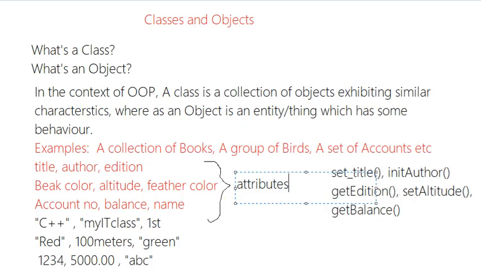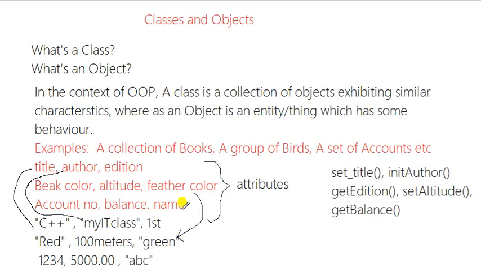Now what is the title here? The title for some book is say C++. This is the title, and this C++ is the attribute value; my IT class is the author. Say edition, the first edition. In a similar way, feather color green.